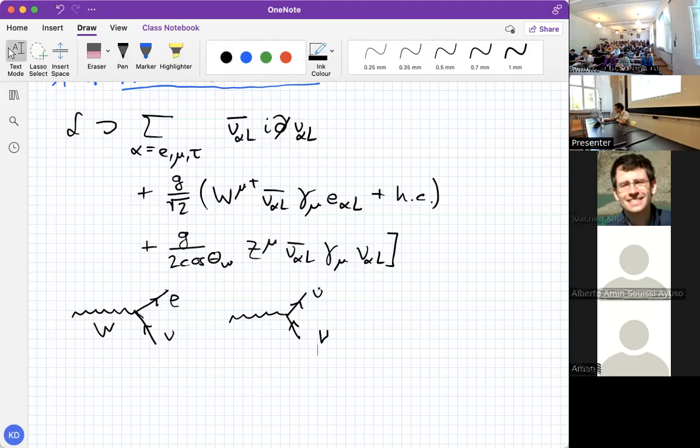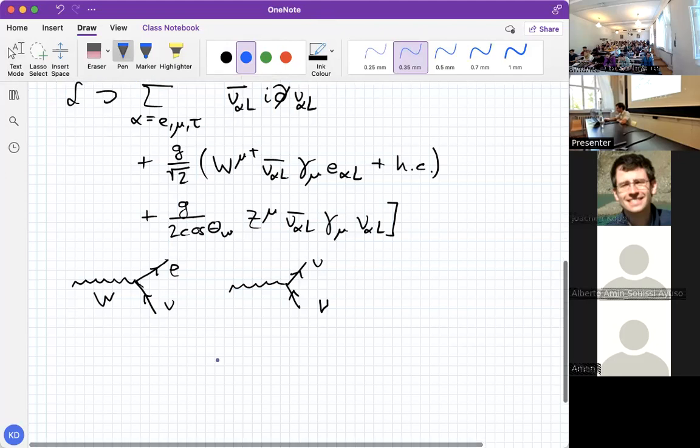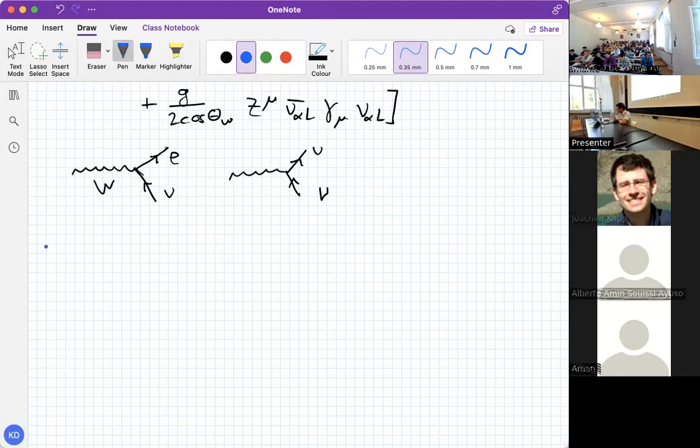So let's go through those, and let's first start with the most straightforward way of introducing a neutrino mass term, a so-called Dirac mass term, which just means a mass term that is similar to the mass terms we know from the other fermions in the standard model.